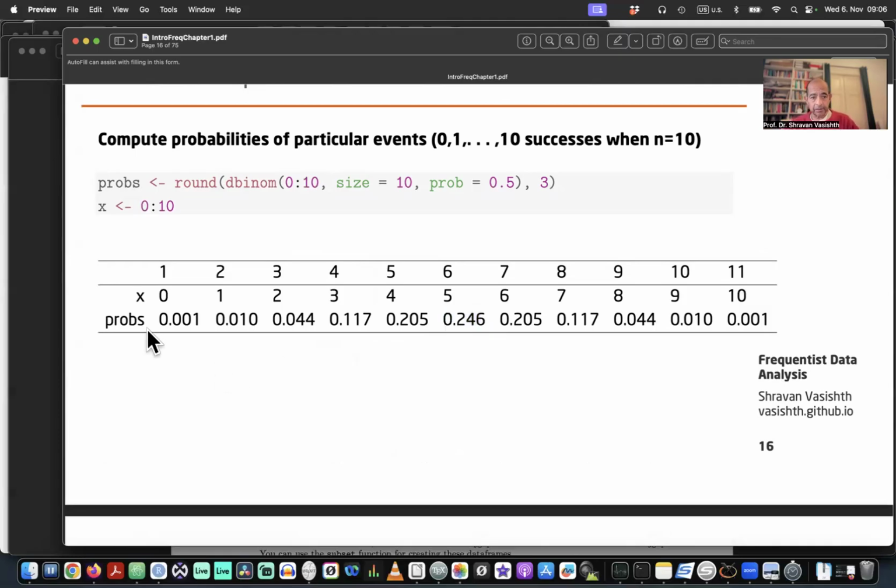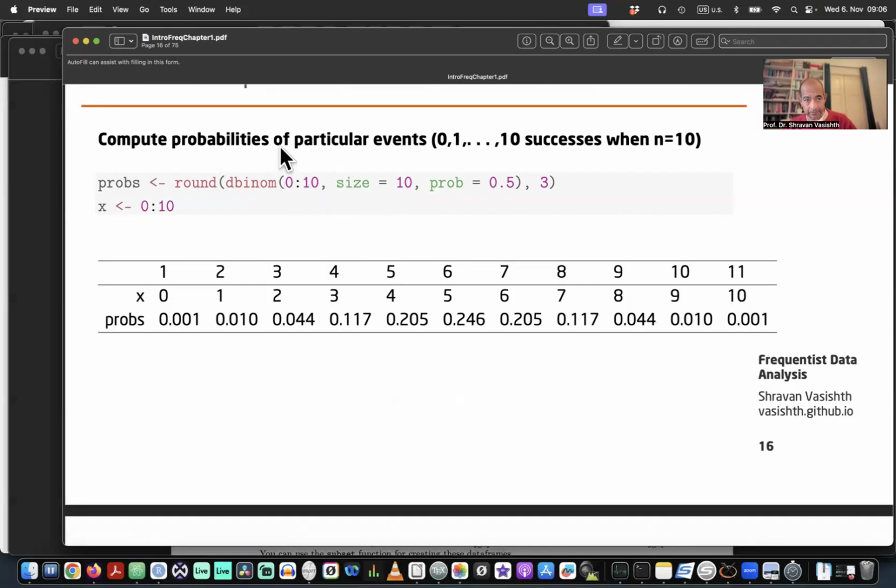What I'm doing here is I'm computing the probability of every possible outcome, and I'm doing it using the dbinom function, right? I'm computing for every possible number between 0 and 10, right? So 0, 1, 2, 3, 4. That's that vector there. I'm running an experiment of size 10, okay?